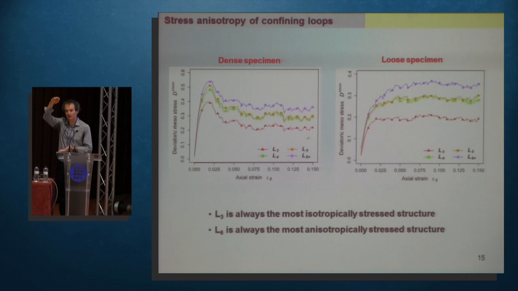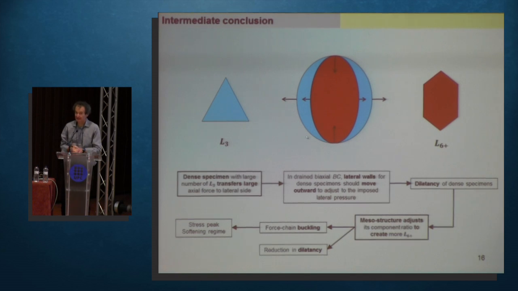If you apply a vertical, axial stress, then the lateral stress you can observe with this structure will be more or less of the same magnitude as that in the axial direction. And this has very important consequences on the behavior of the specimen.